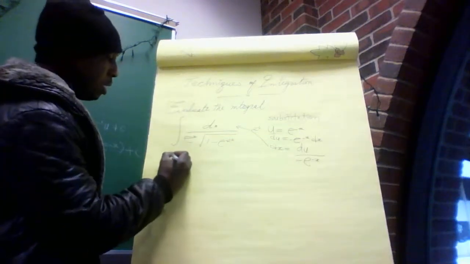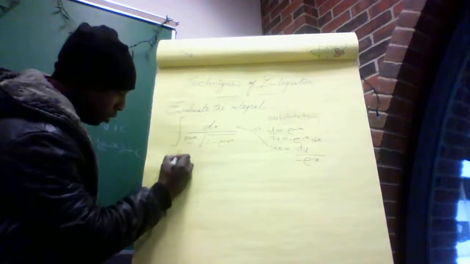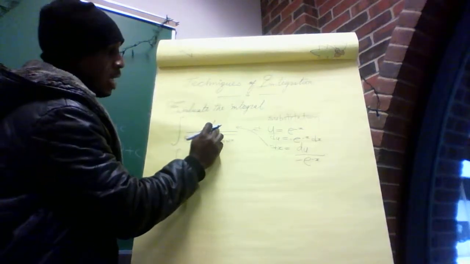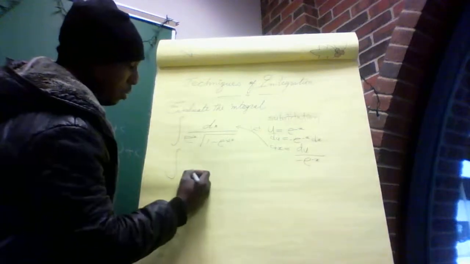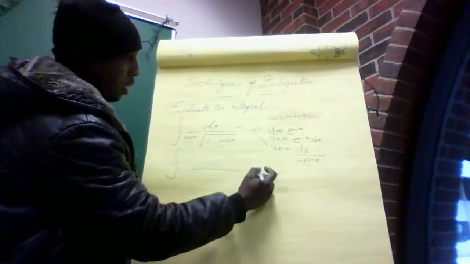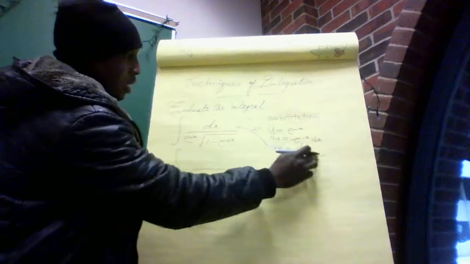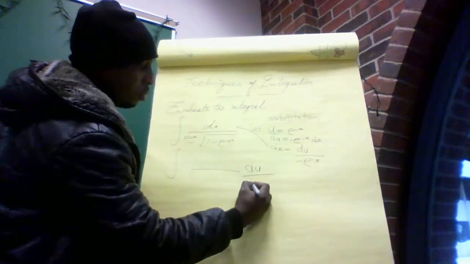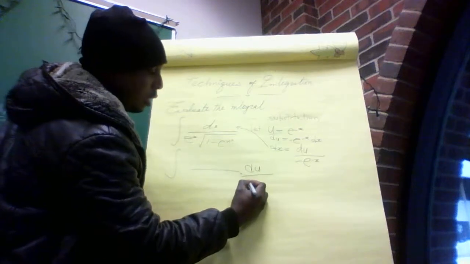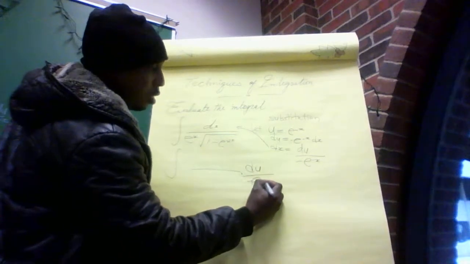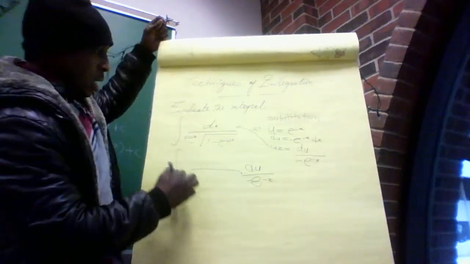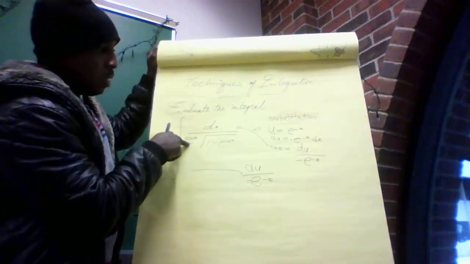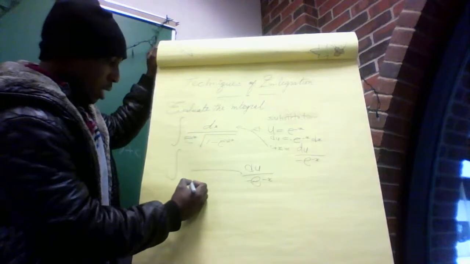So what I do now is I'm going to rewrite this expression as the integral of, instead of the dx, I'm going to be having, let me write somewhere here. dx is now du over negative e to minus x. Now, I have this here, don't forget, I put it here also.